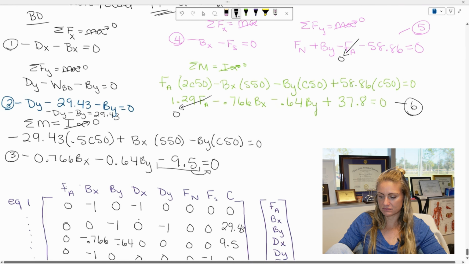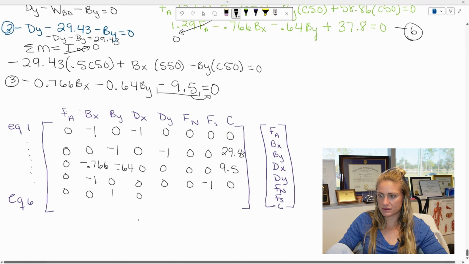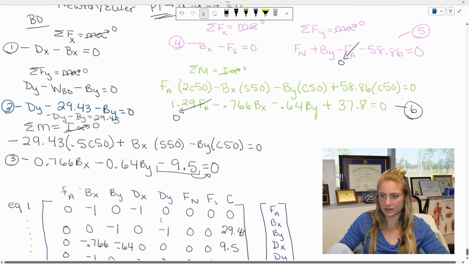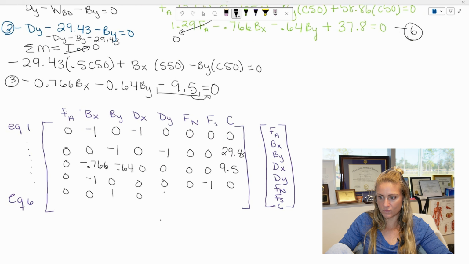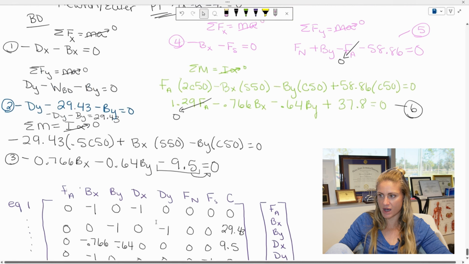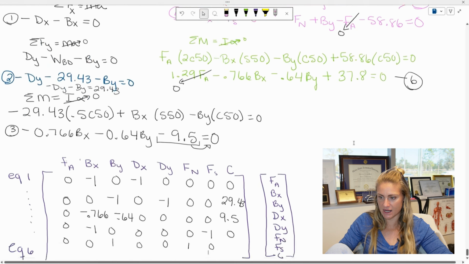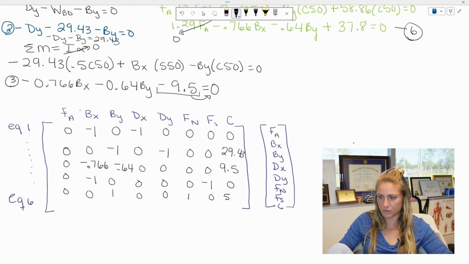And we just have a constant, right? Is there any more? Oh, no, I have an FN. So I have a 0, 1, 0, and then my constant is going to be a positive because I'm going to bring that 58 to the other side. So it'll be positive 58.86. Okay, my last one, I have 0, negative 0.766, negative 0.640.